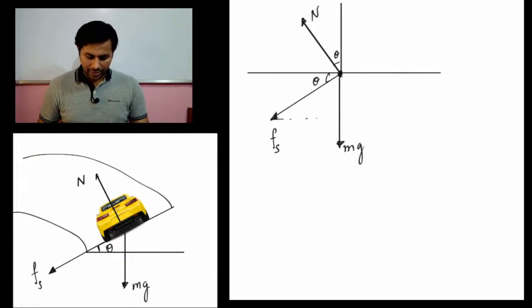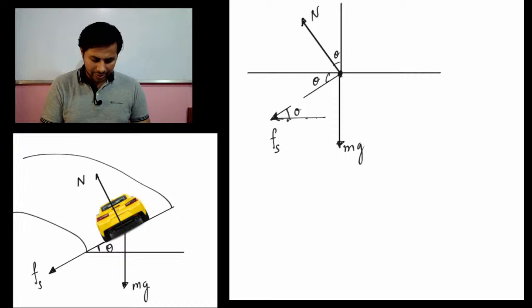These are two parallel lines and this is an intercept. So this angle is theta, and this angle is 90 degrees, so this is 90 minus theta, and that's why this angle is also theta.